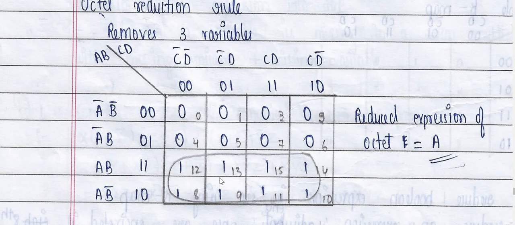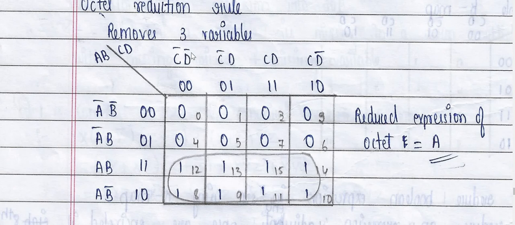Consider the left side of the octet. AB, then AB bar, which is changing? B is changing to B bar, so we can remove variable B. Then consider the top side. See, all the min terms are there: C bar D bar, C bar D, CD and CD bar.